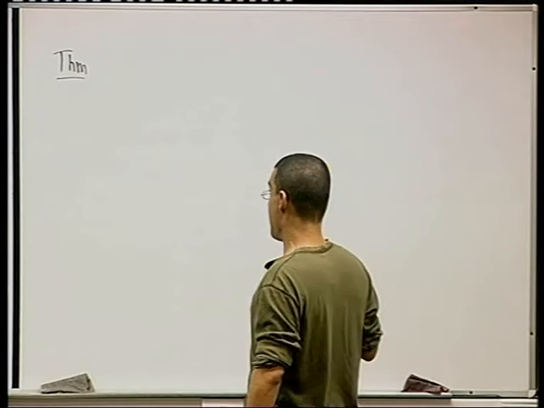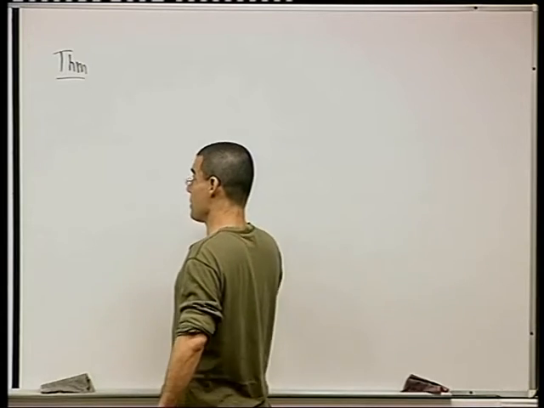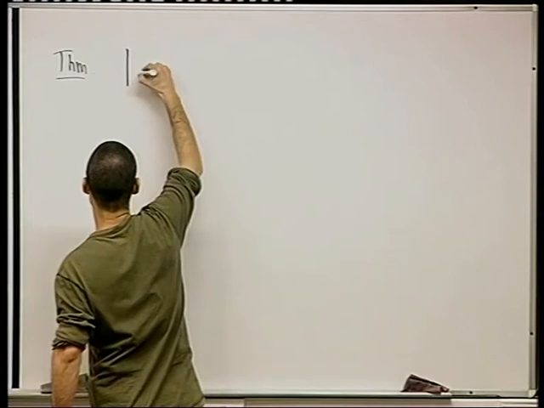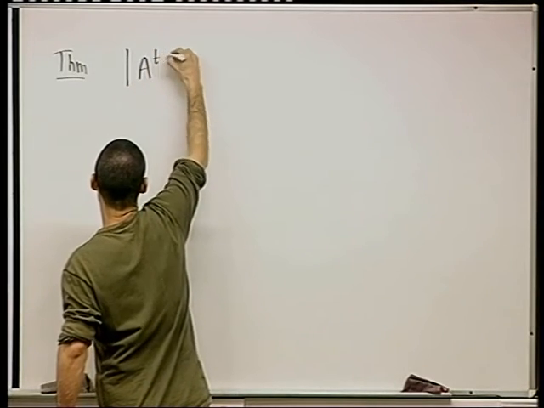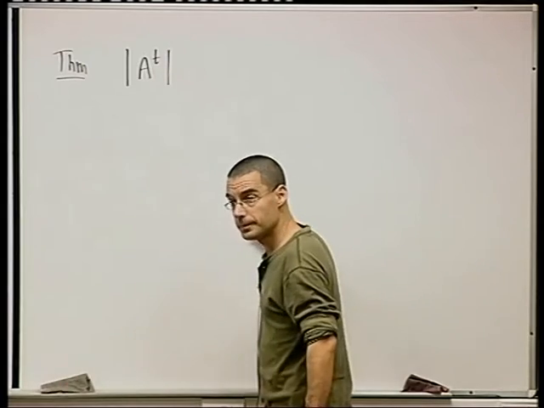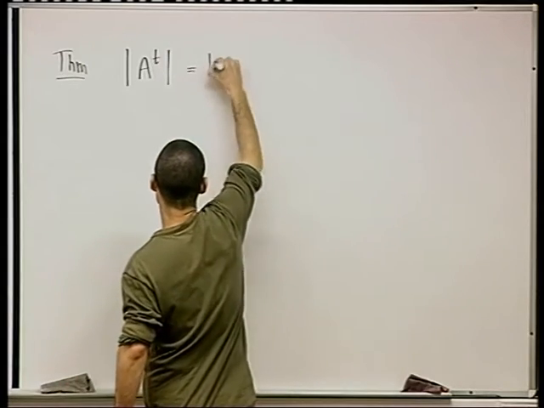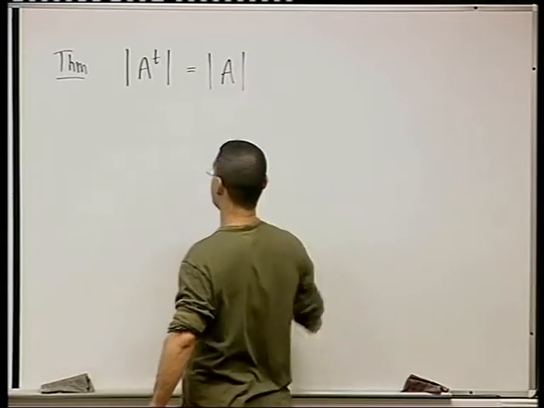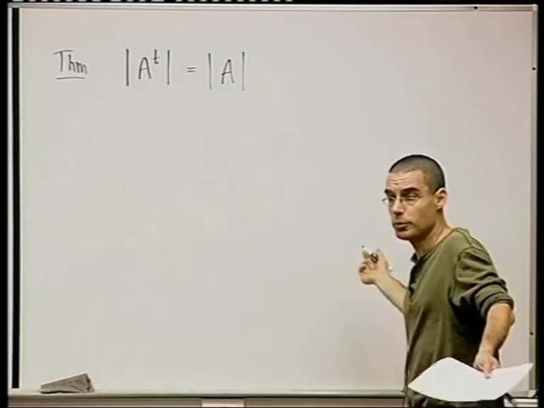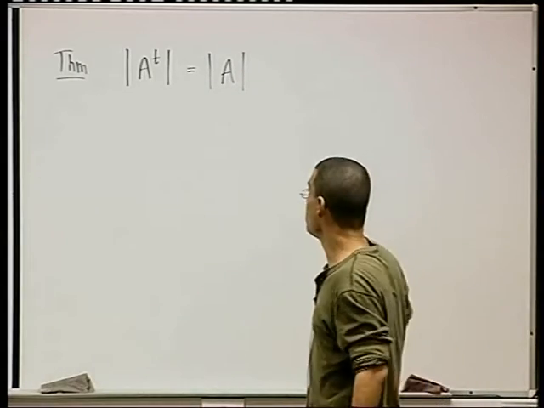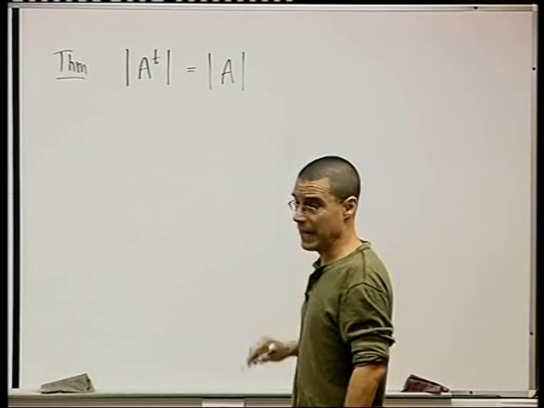Okay? Here's a theorem. The determinant of A transpose equals the determinant of A. This requires proof. It may not be obvious at all, but it's a fact.